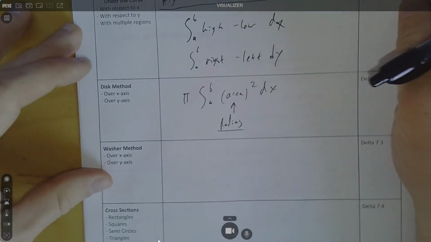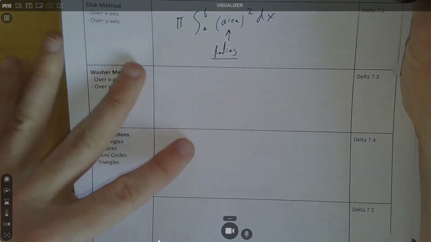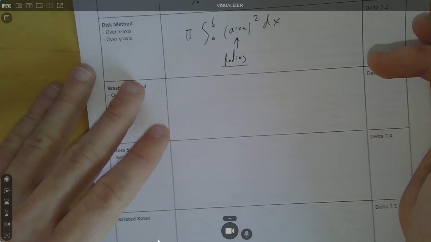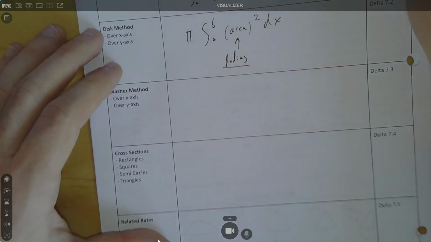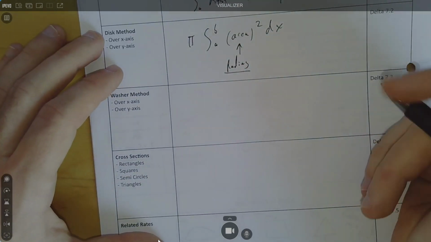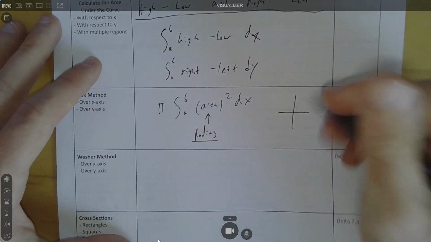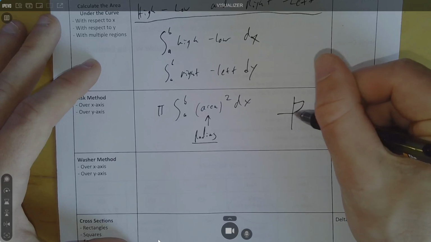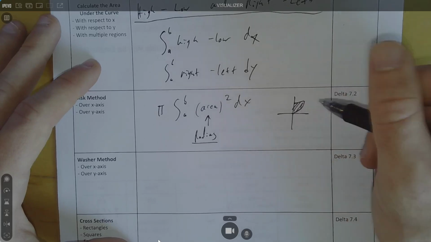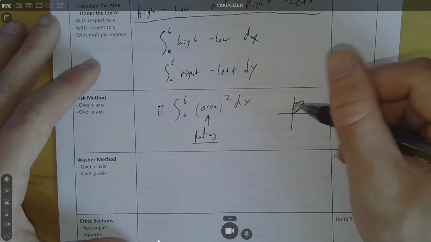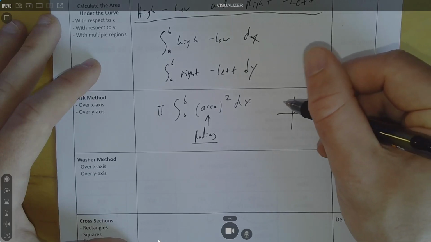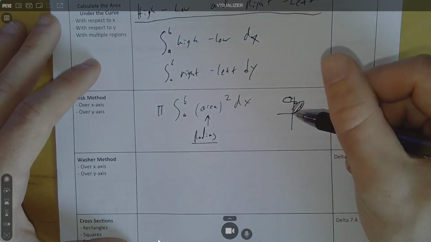Okay, the washer method. Very similar to the disk method. The difference with the washer method is when there is a gap in the area. For example, here, if this is my shaded region and I'm rotating it around the y-axis, there's no gap.